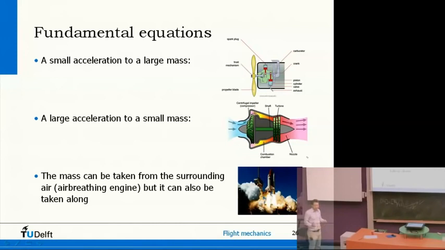So a jet engine gives a very large acceleration to the air, and the air is a small mass. And finally, not really the topic of this lecture, you could also take the mass with you in a rocket, and then you can also create a force.